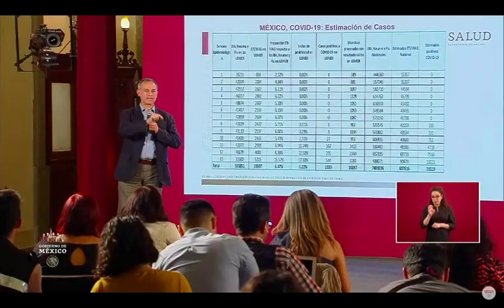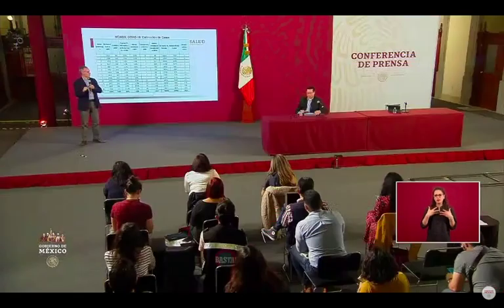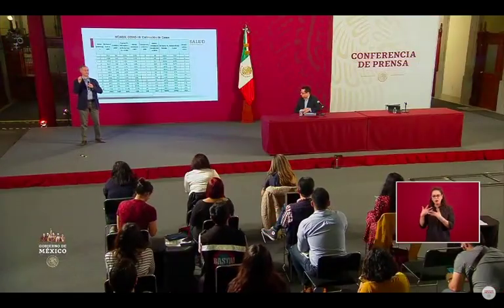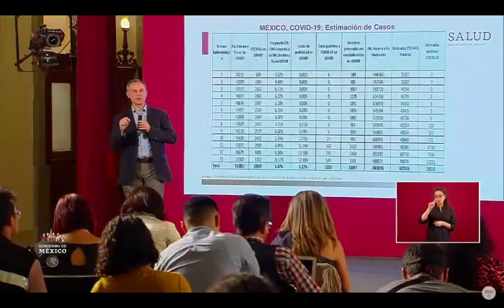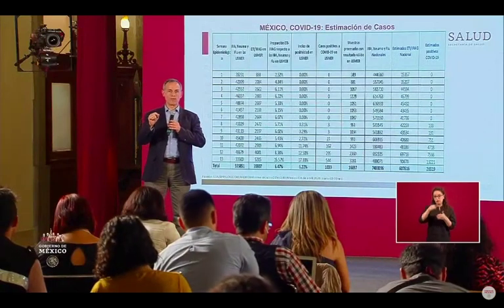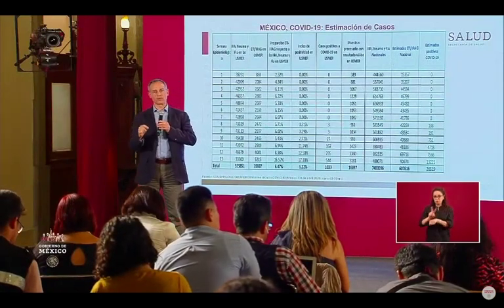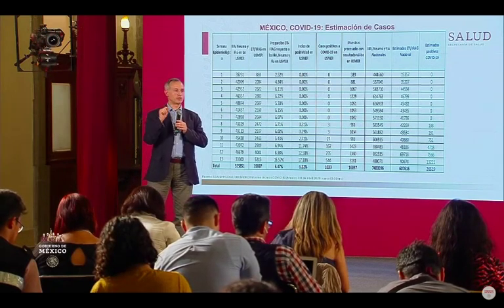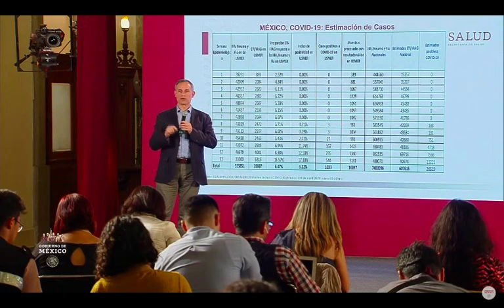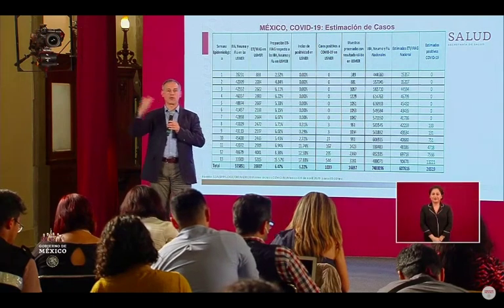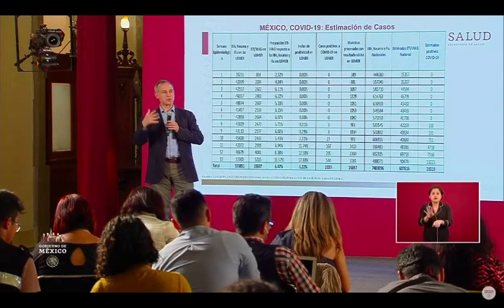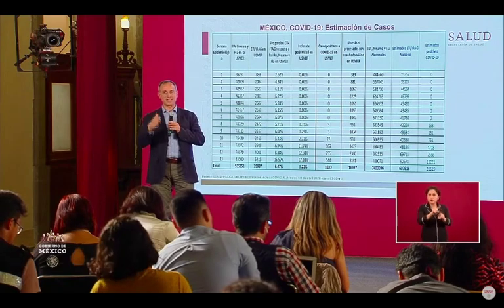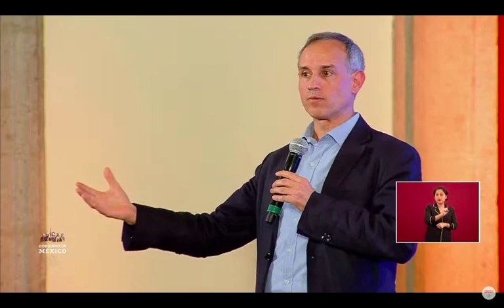Within the Sentinel model, we have 375 medical units that are monitoring influenza. Now they have changed their name and are called respiratory disease monitoring centers. Why did they change their name? Because now we incorporated COVID in the diseases that they are monitoring.